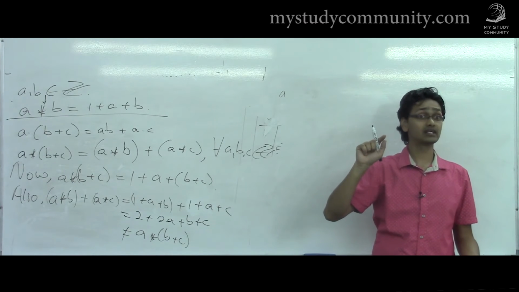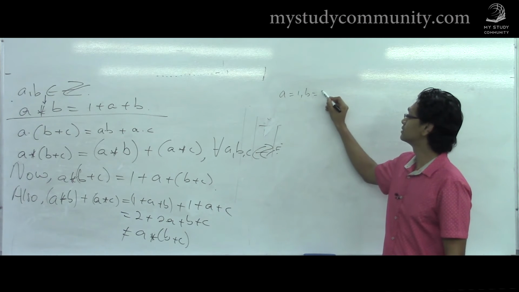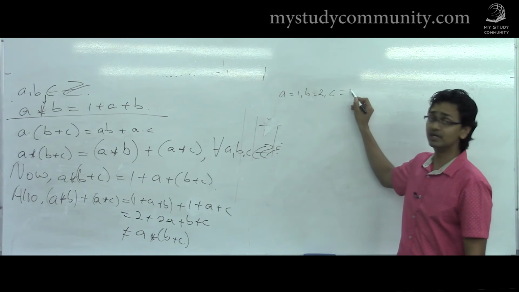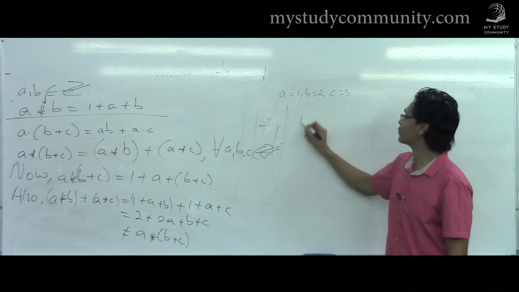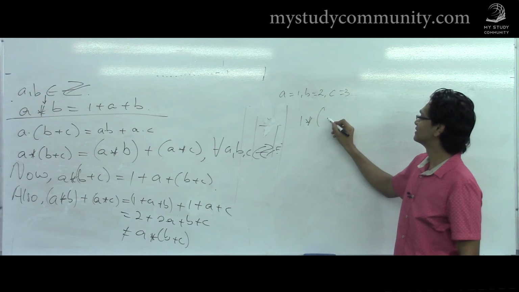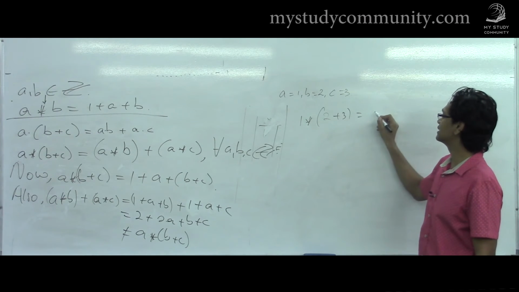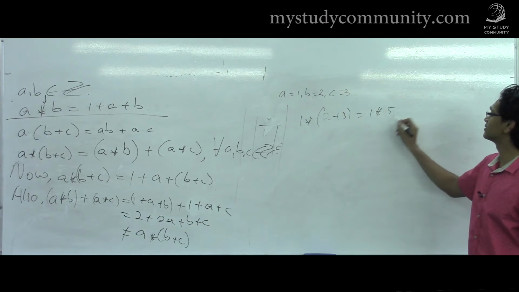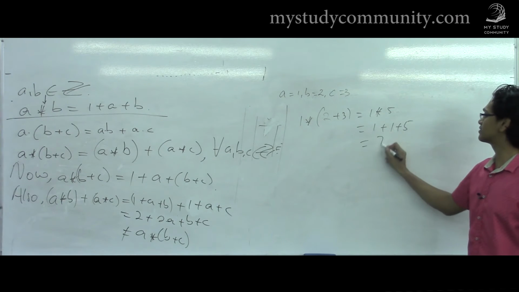So we do not want to choose negative 1, right? So we choose A equals 1, B equals 2, and C equals 3. So 1 star (2 plus 3) is 1 star 5, which is 1 plus 1 plus 5, which is 7.